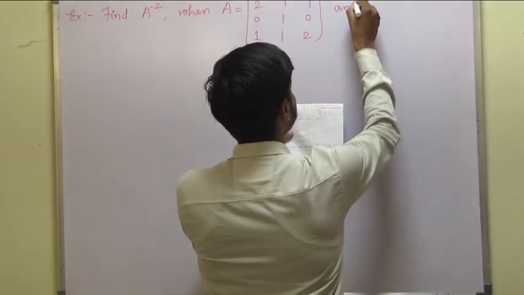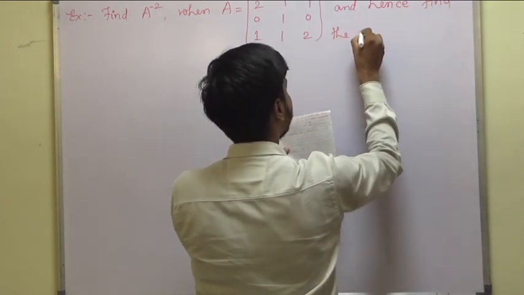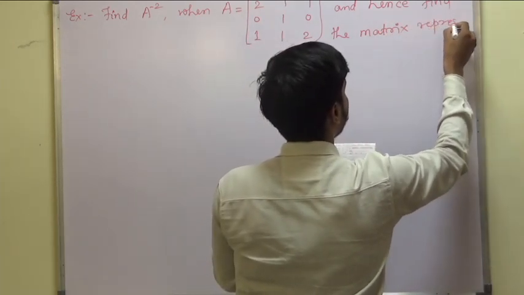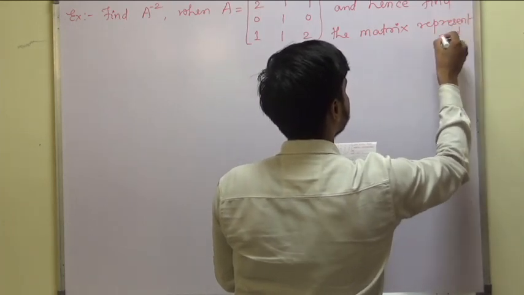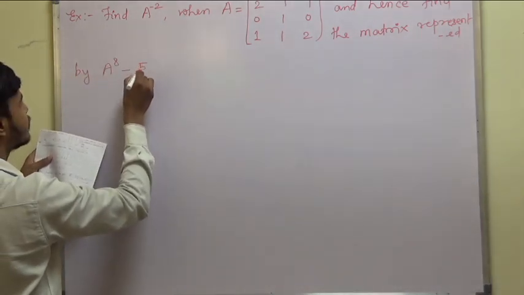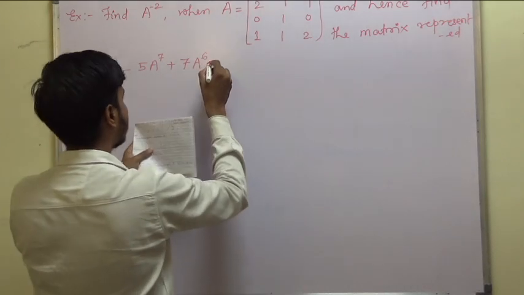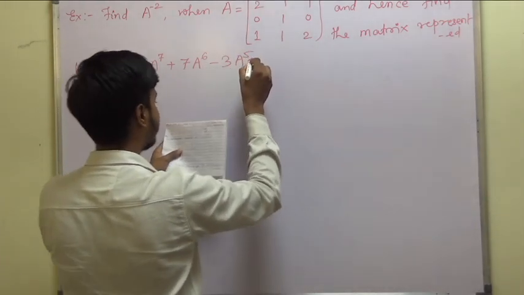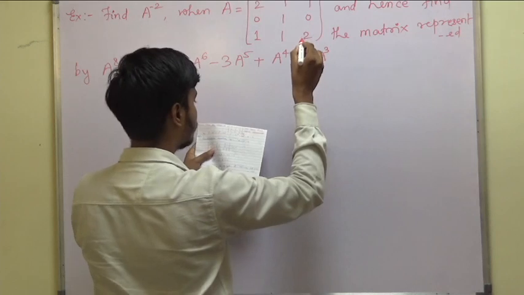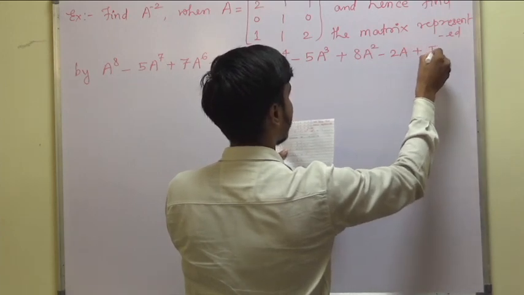And hence find the matrix represented by A to the power 8 minus 5A to the power 7 plus 7A to the power 6 minus 3A to the power 5 plus A to the power 4 minus 5A cube plus 8A square minus 2A plus I.